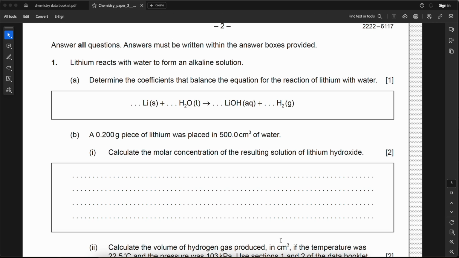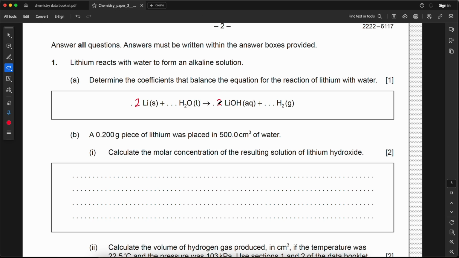Lithium reacts with water to form an alkaline solution. Determine the coefficients that balance the equation for the reaction of lithium with water. As you can see, here we have 3H, but here is only 2. So let's make it 4. So you will have 2 Li here, so we need to make it 2 Li here.